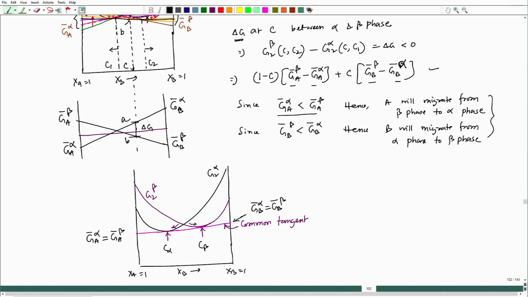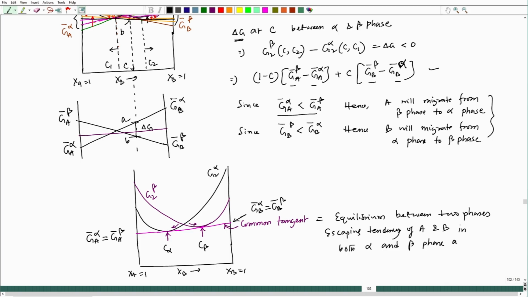So, that is what the common tangent talks about: equilibrium between 2 phases, and that time the escaping tendency of A and B in both alpha and beta phase are same. So, that is reflected with the chemical potential.